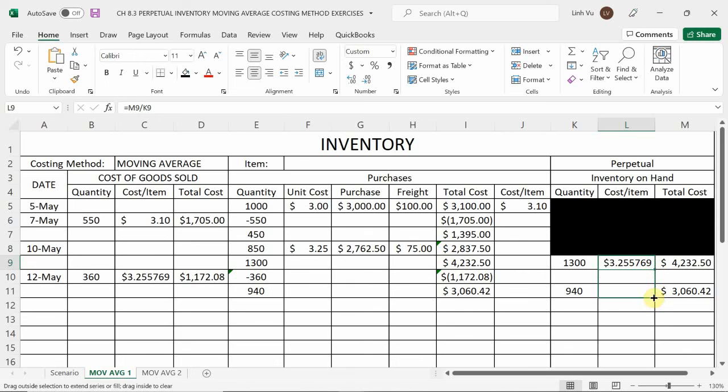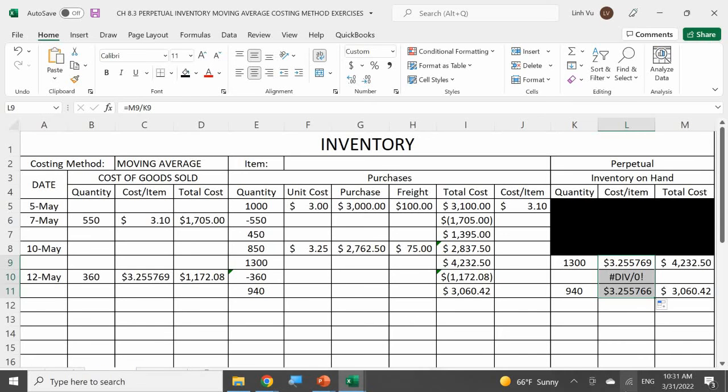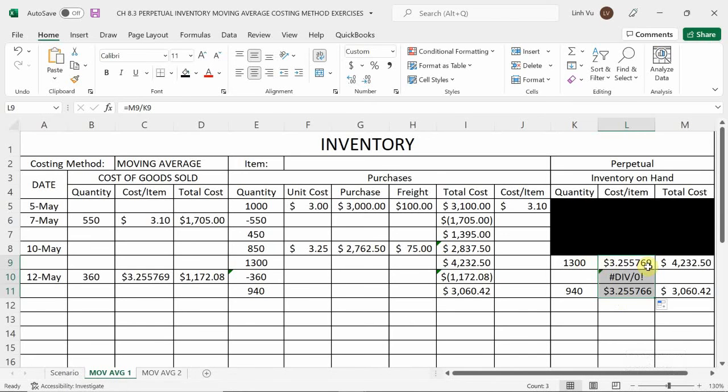So what's my average cost per item now? $3.25576. So in this case right here, it has decreased by 300,000ths of a penny. Okay?